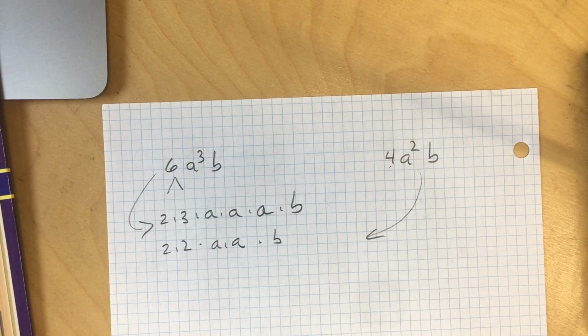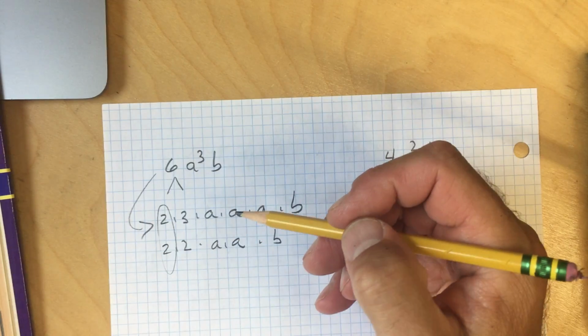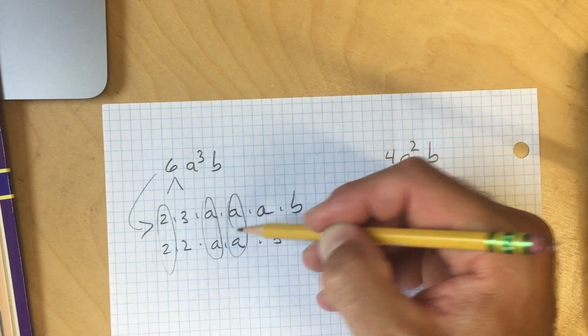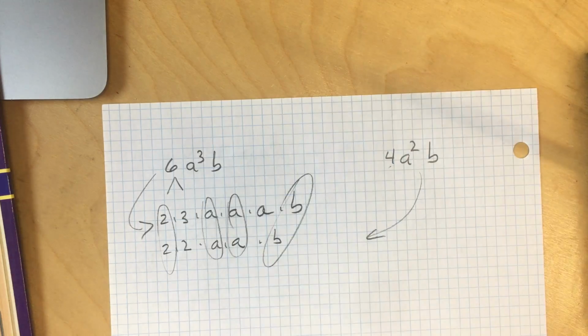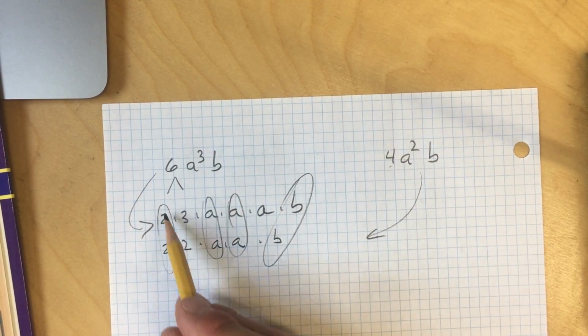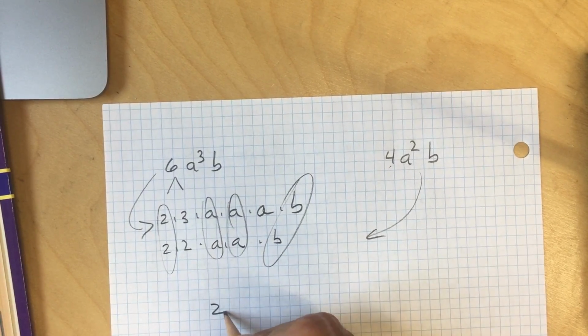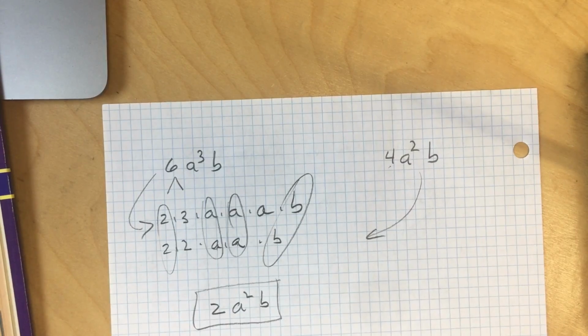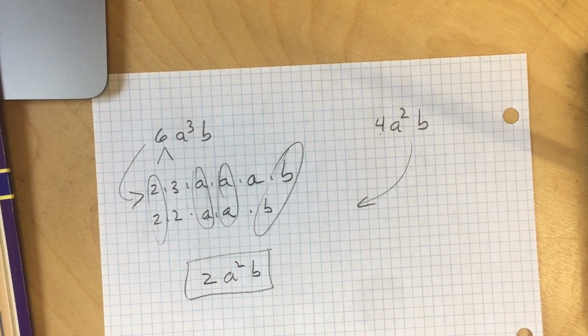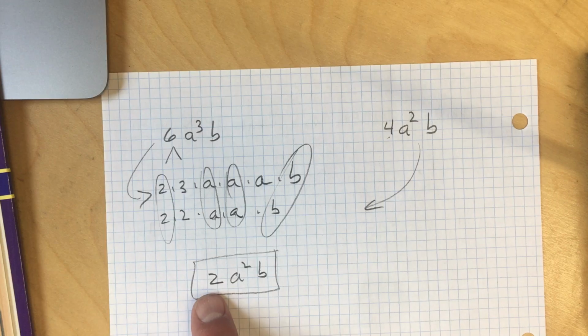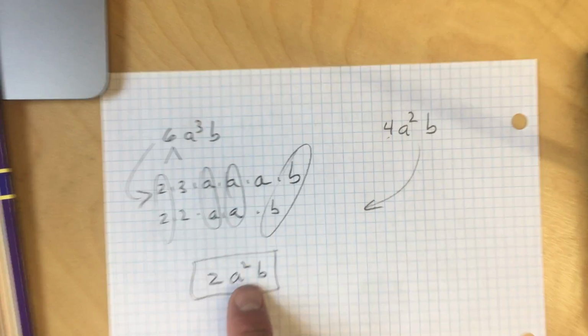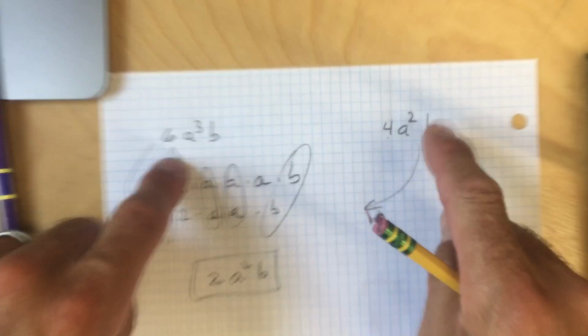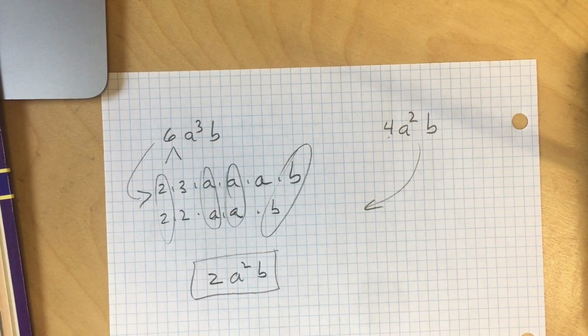Now, what matches up? 2, a, and b. And so we have 2, we've got a squared, and we've got b. That is the greatest common factor. That's the largest number and the most a's and b's that divide into both of those terms.